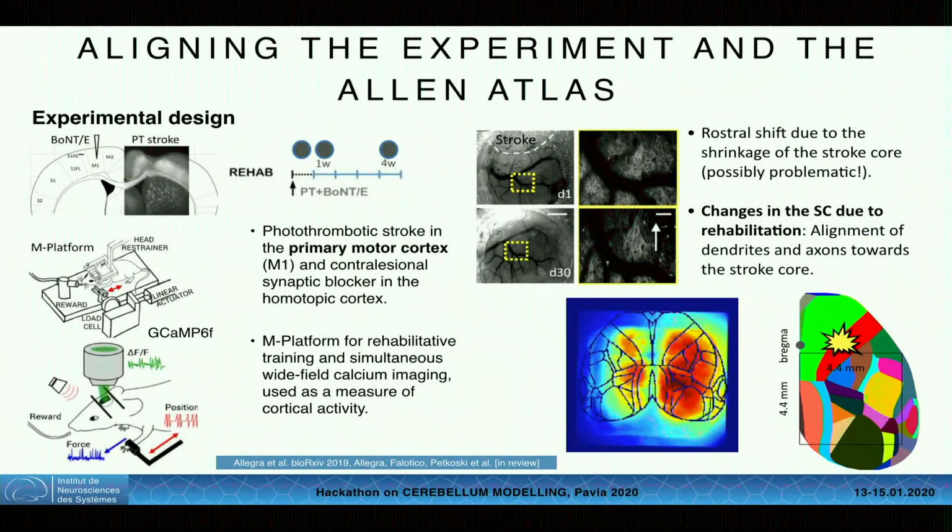Also later I will show the Allen Atlas visualizer. Depending on the experiment, it's either this field of view or only this side. And then we end up with, again depending on the animal, 18 or 15 different regions.